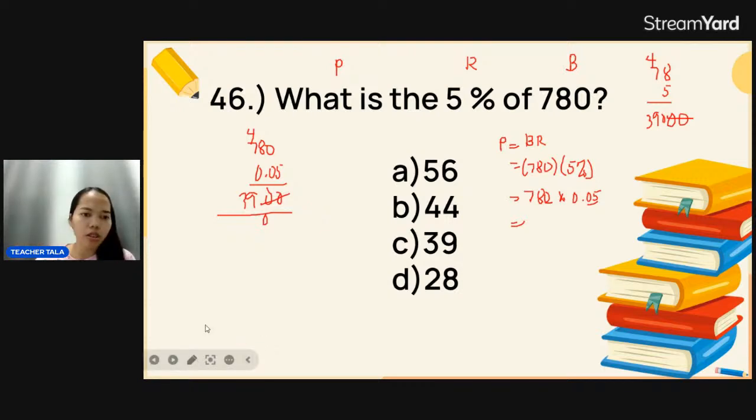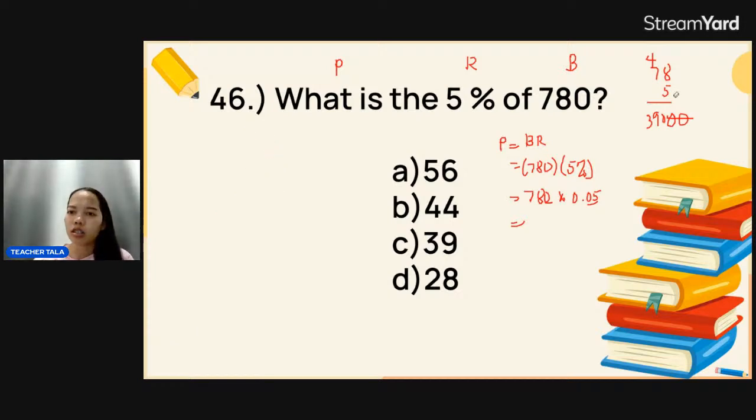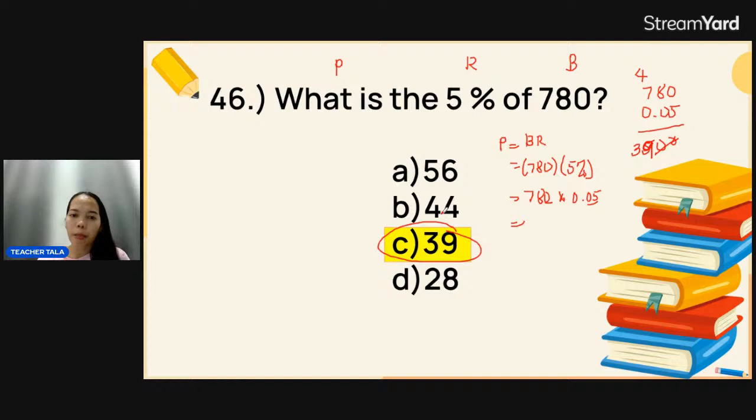Another wrong. So, i-multiply natin si 780 times 0.05. So 39 is the answer. Letter C.